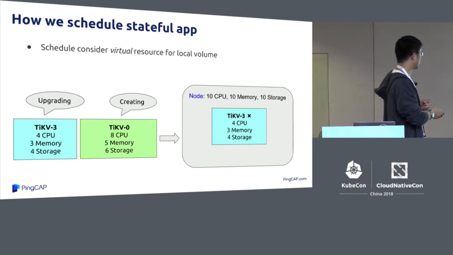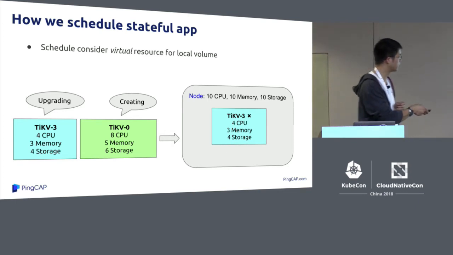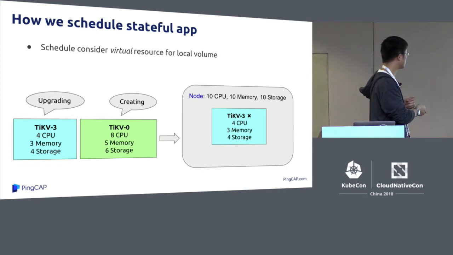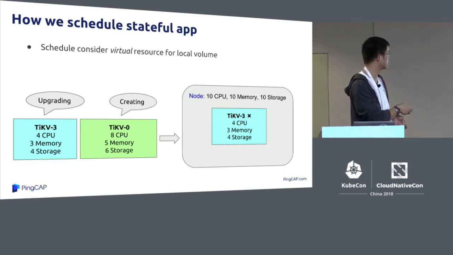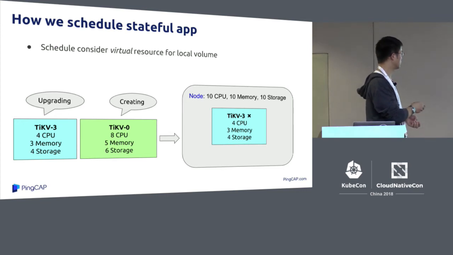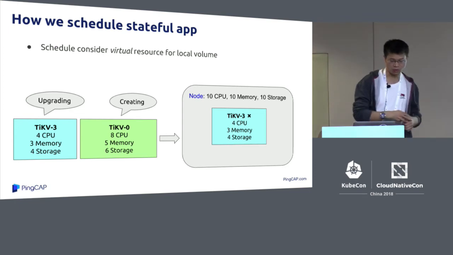It still has 8 CPU, 5 memory, and 6 storage on this node. But the newly created TiKV pod, since it has the local PV bound on this node, must be scheduled on this node, yet it doesn't have the required resources. So this TiKV would always be pending.